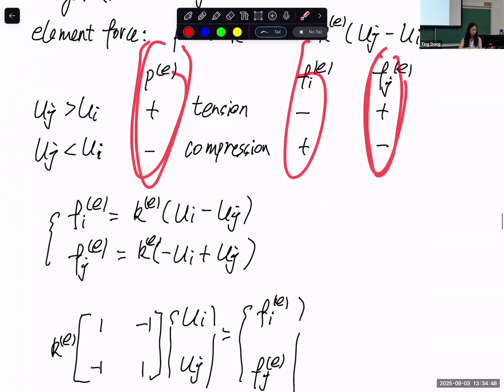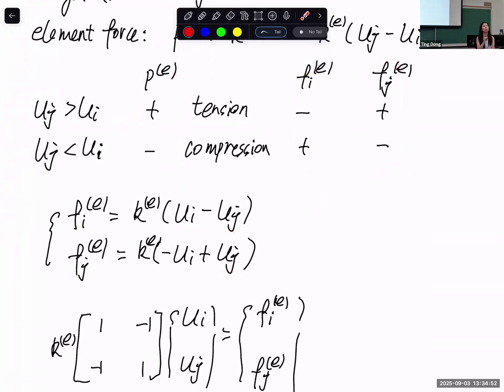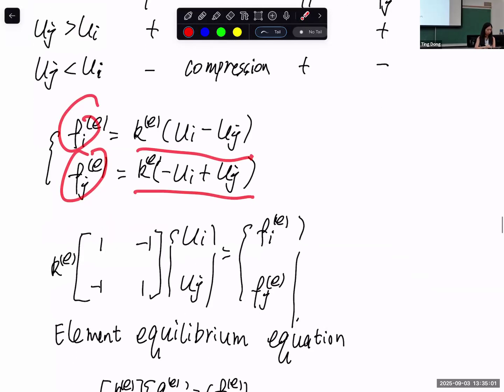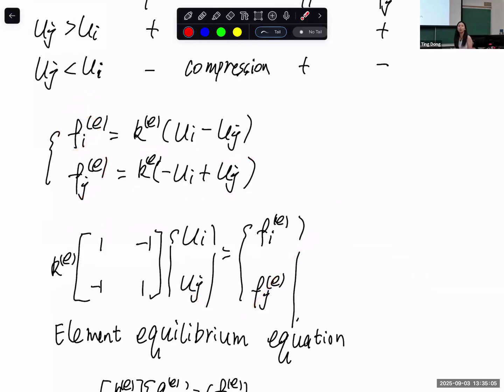That's why I have these two equations written in terms of nodal force, not element force or internal force anymore. Fj is K times Uj minus Ui. Now Fi becomes K times Ui minus Uj, and then put into a matrix, it becomes our FEA element matrix equation. So this does not contradict what you learned before. Last thing, the unit doesn't change.